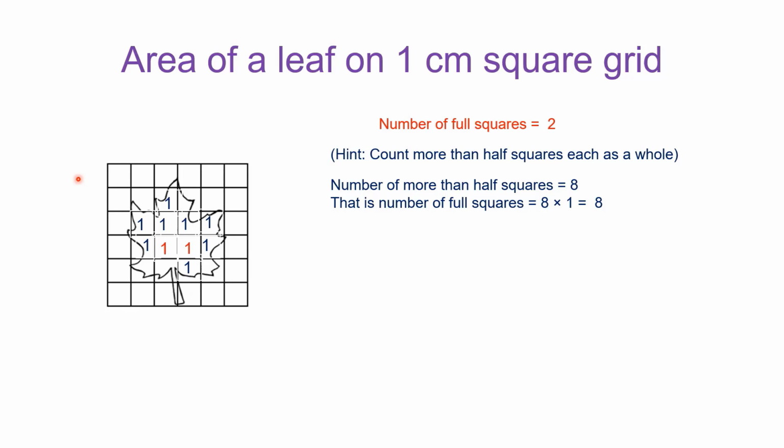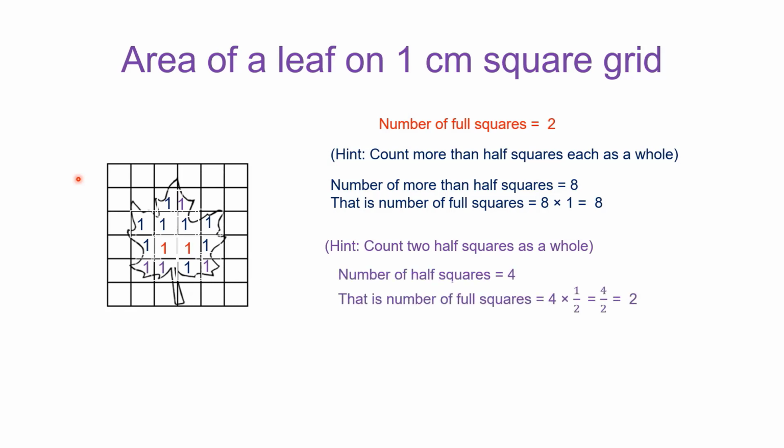Now let us count the number of half squares. Here we have to count 2 half squares as a whole. We know that 2 halves make a whole. Number of half squares 4.